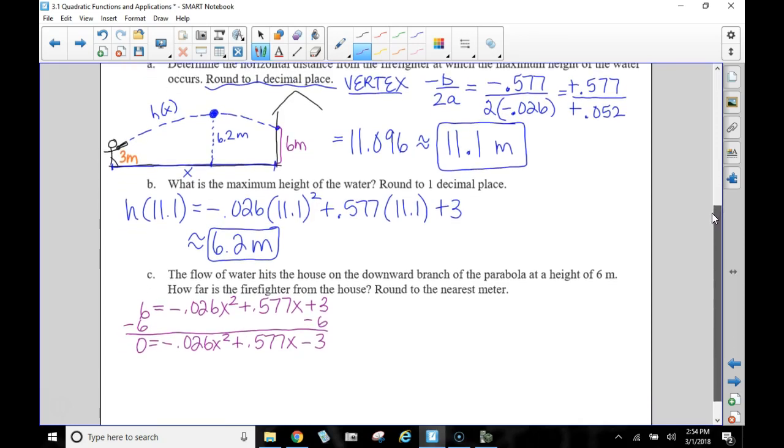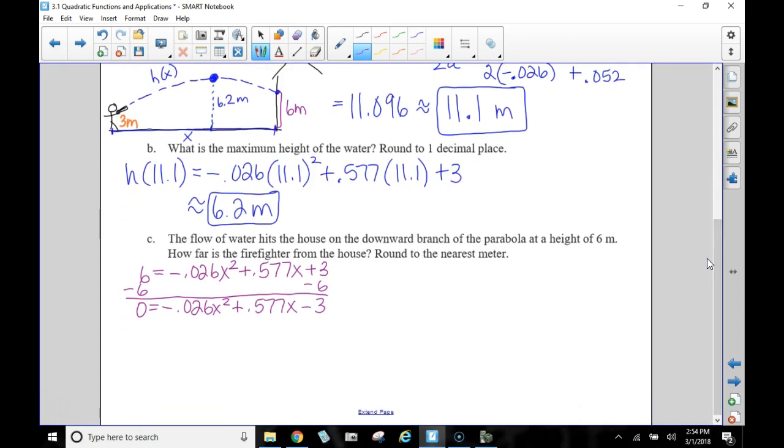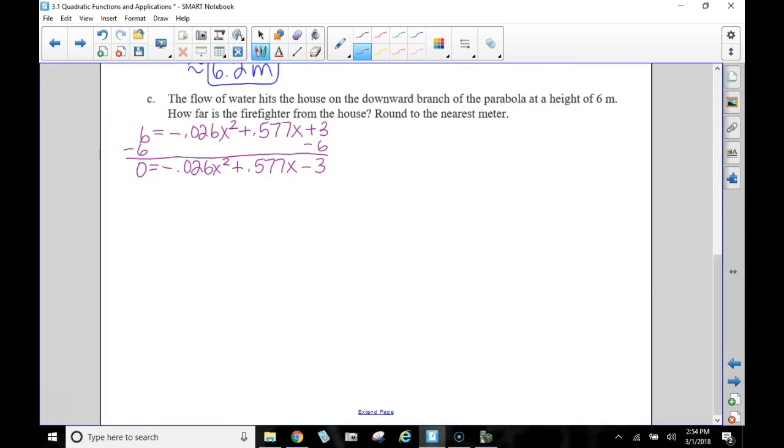Okay, now that we see where this came from, let me scroll a little bit and work on solving this equation. Now, I don't love it when the lead coefficient is a negative. So I'm going to multiply both sides of this equation by a negative 1. We can always do that. That's going to let us have a positive lead coefficient of 0.026 x squared.